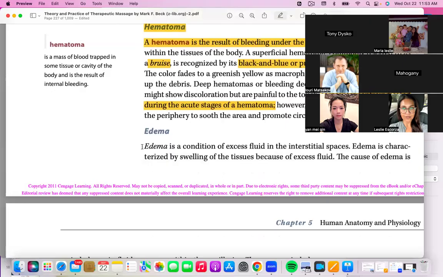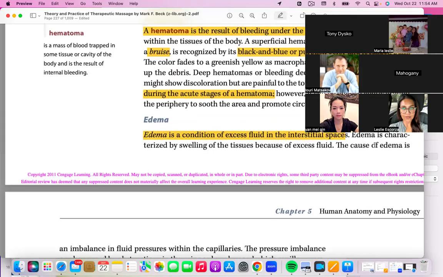Edema, the last one, is a condition of excessive fluid in the interstitial spaces. It is characterized by swelling of the tissue because of excess fluid. We said the cell expels waste fluid, but the fluid, the cytoplasm, also has nutrition for the inner cell, so this fluid needs to be expelled out.